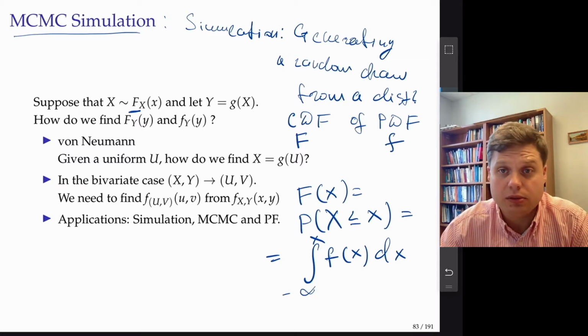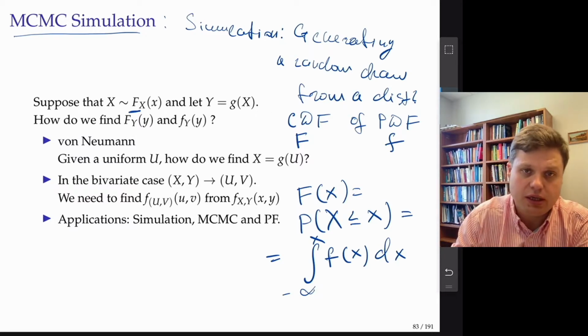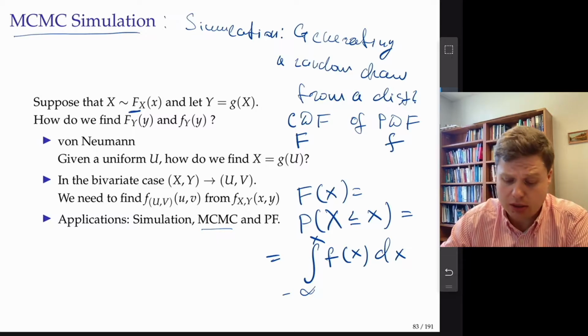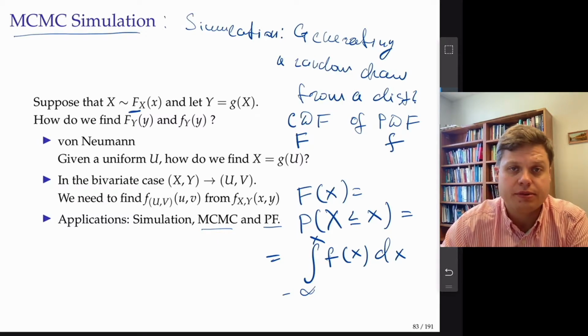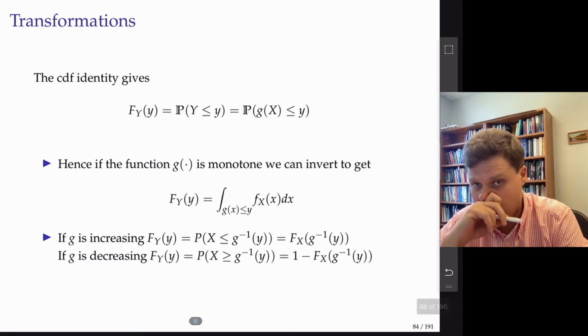So we'll see how to generate those draws, how to do it in the univariate and multivariate cases, and we'll see applications later on. We'll use it in Markov chain Monte Carlo algorithms and particle filtering algorithms. So we'll start with a few simple facts.